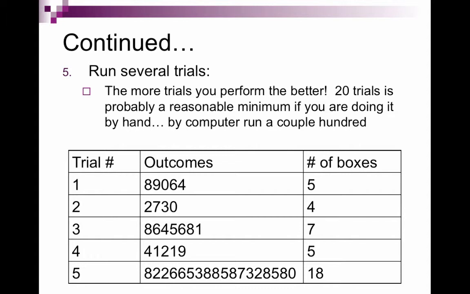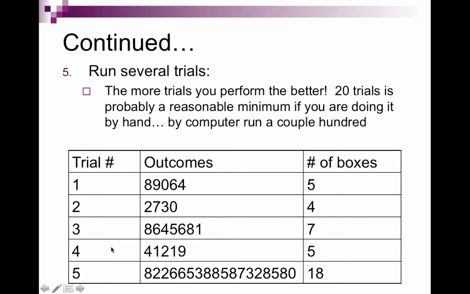So here I'm showing 5 trials. These are all random numbers. In the first trial I had 8, 9, 0, 6, 4. So Serena, Woods, Serena, Beckham. It took 5 boxes. This is my response variable. In the second trial it only took 4. I had Beckham, Williams, Beckham, Tiger.